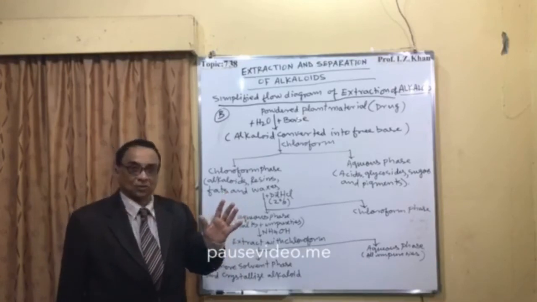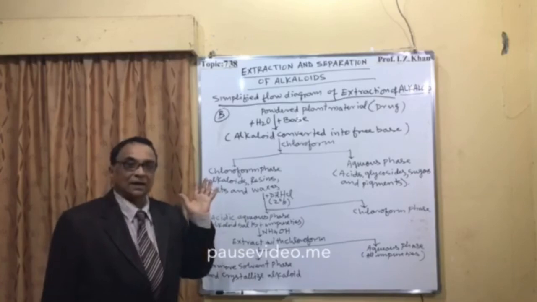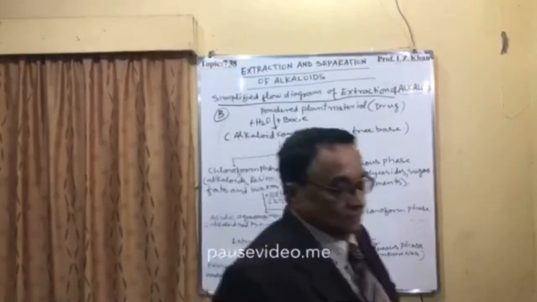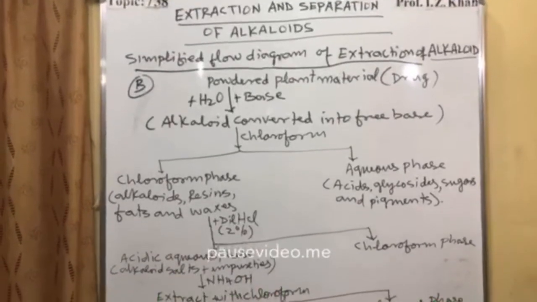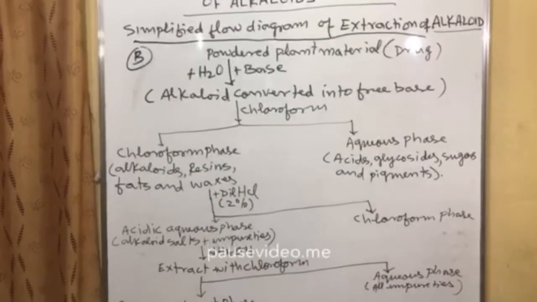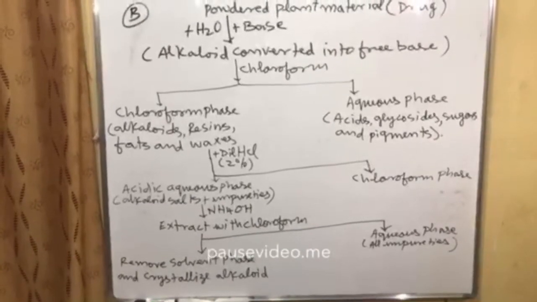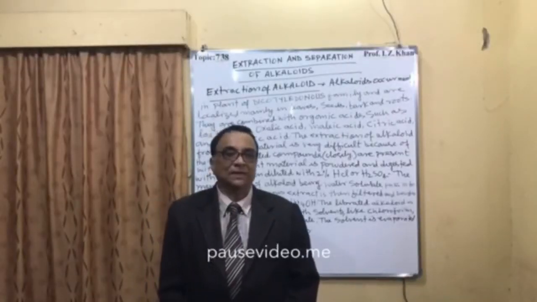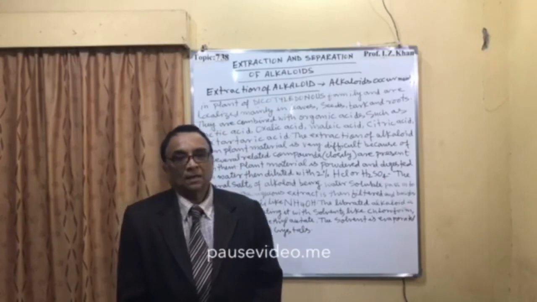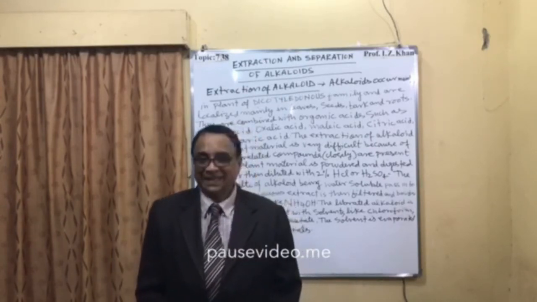Solvent means your chloroform solvent, evaporate it, and you will get the crystals of alkaloid. So what we have seen in the flow diagrams of A and B, the same thing I have written here.